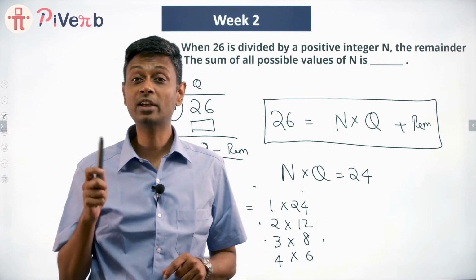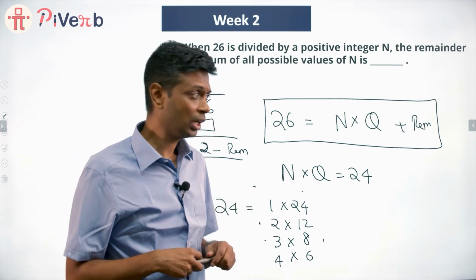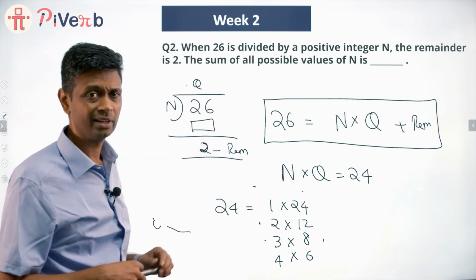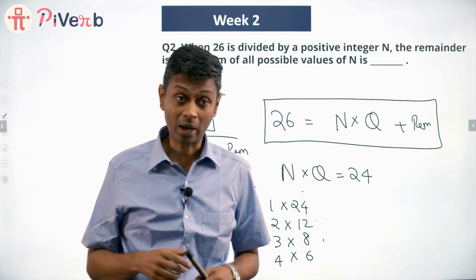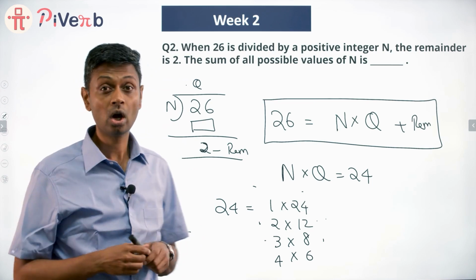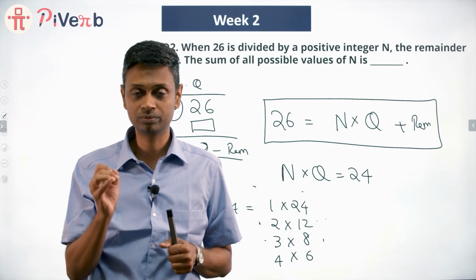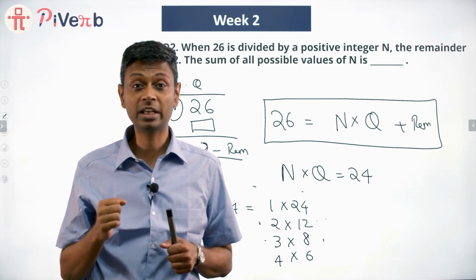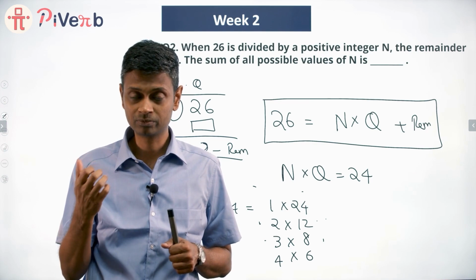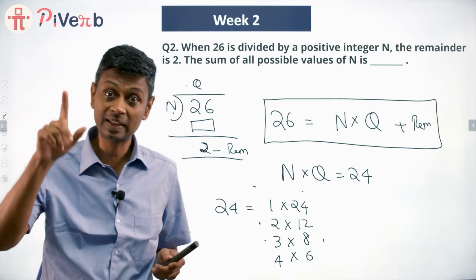But could n take all of these values? Think about it. If n were 1, I divide 26 by 1, I won't get a remainder of 2. 1 is a factor of any number. So I won't get a remainder of 2. That means my divisor n should be strictly greater than 2. I divide by 2, I can get only 0 and 1 as remainders. I divide by 3, I can get only 0, 1, 2 as remainders. Whatever the remainder is, my number n should be greater than that.